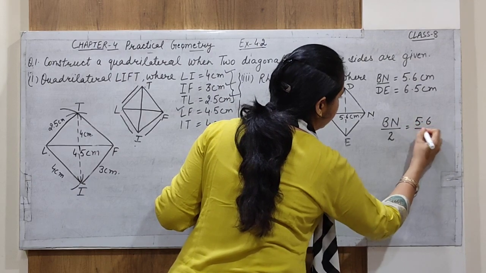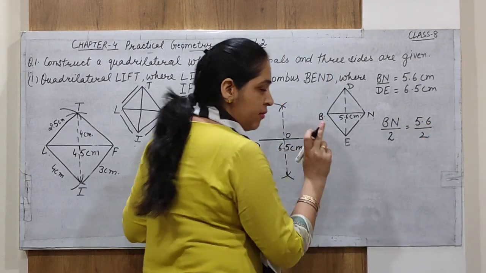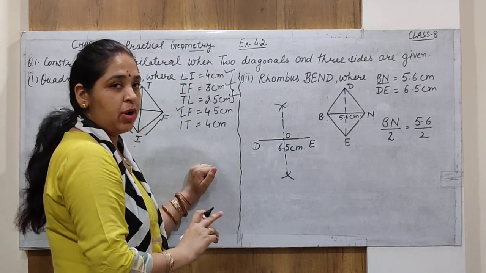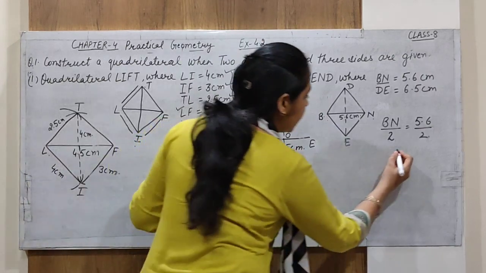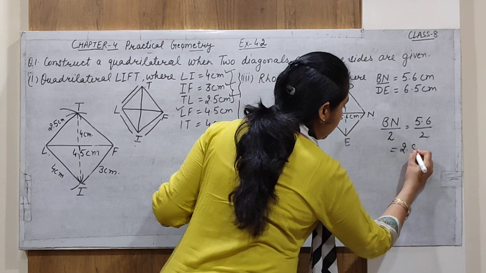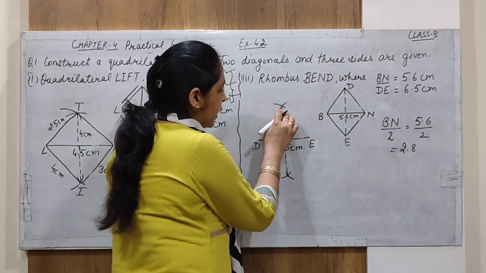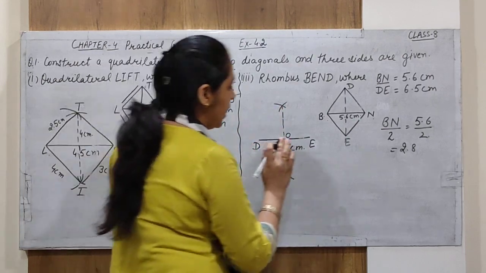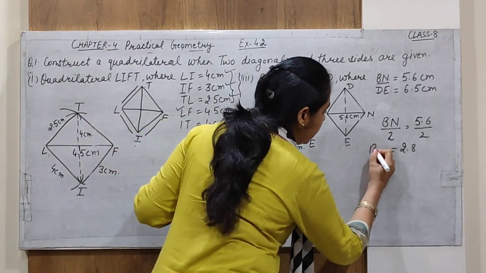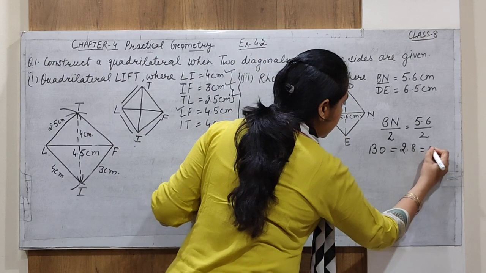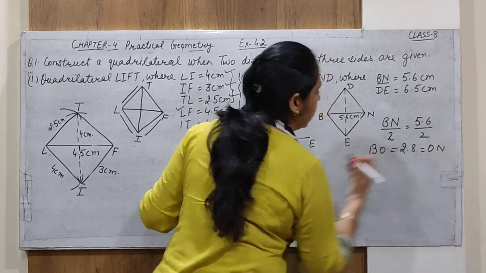The length of BN is 5.6, and when we divide 5.6 by 2, we get 2.8. If I want to select B in the upward direction, then the length of BO is equal to ON.